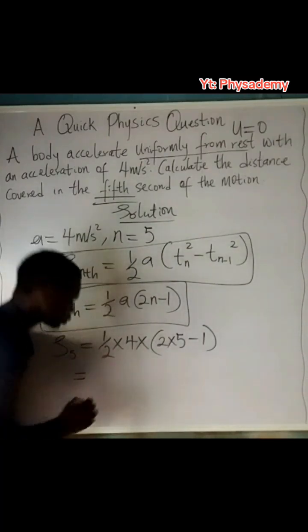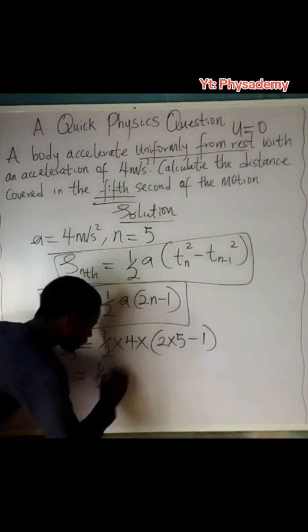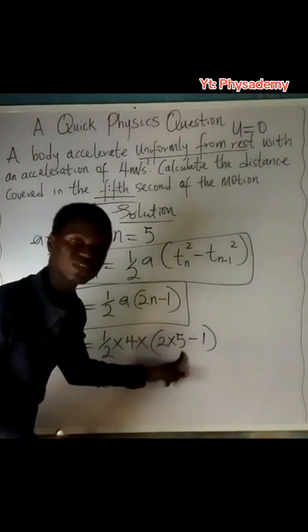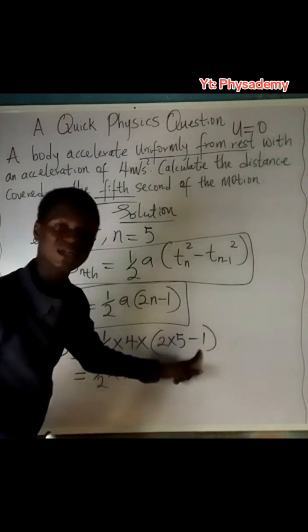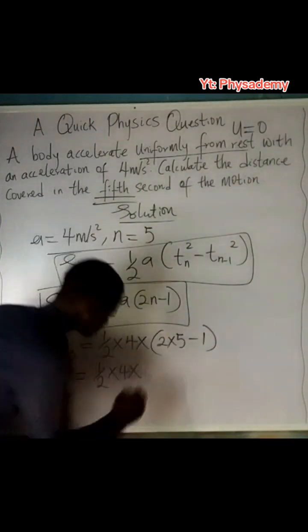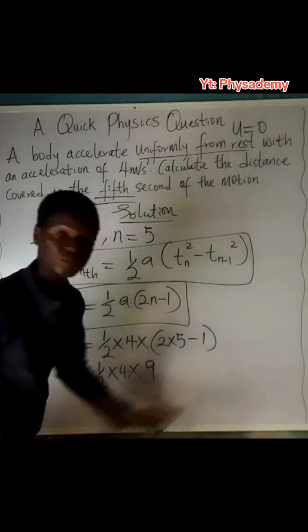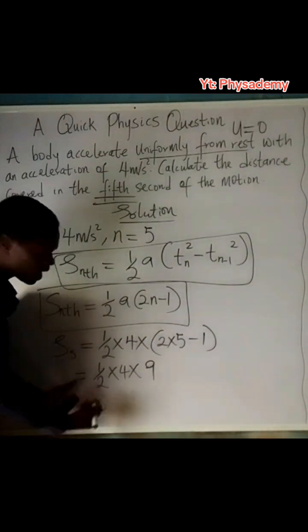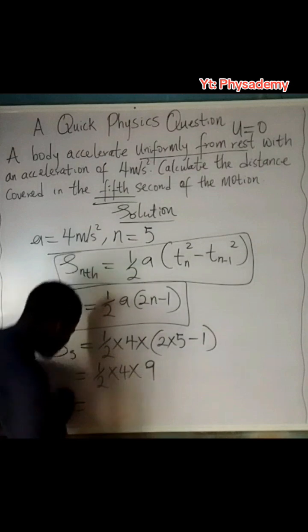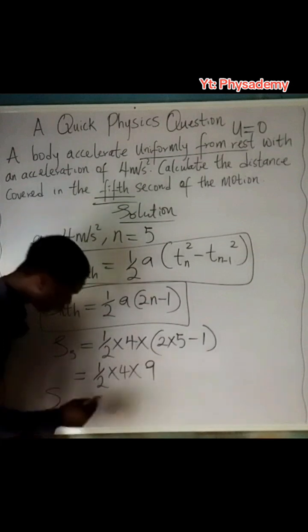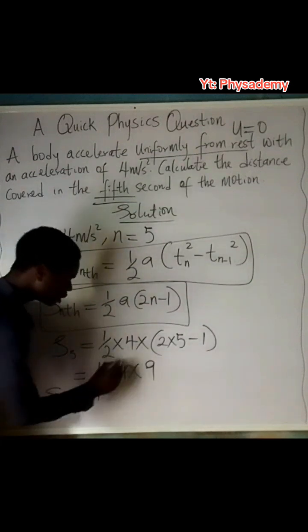It will now be equal to 1 over 2 times 4 times, now watch out. 2 times 5 is 10. Now remove 1 from 10. That will give you 9. 2 times 5, 10, minus 1 from it will give you 9. So from here, how do we solve for that? We'll now say x in the 5th second is equal to, we can say from here, 2 here 1, 2 here 2.